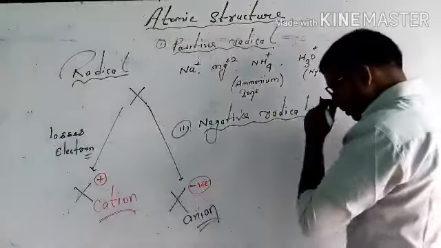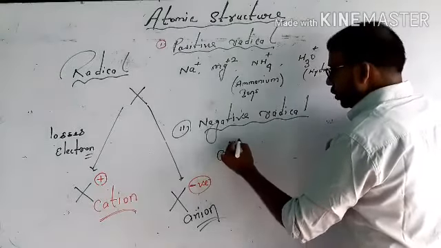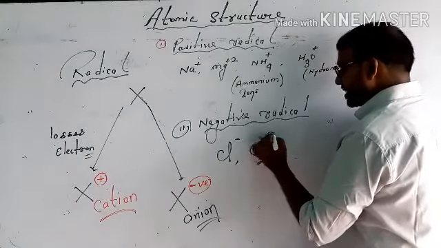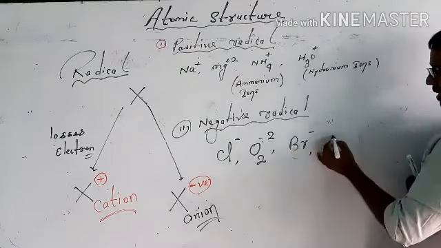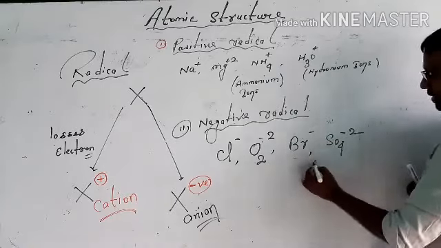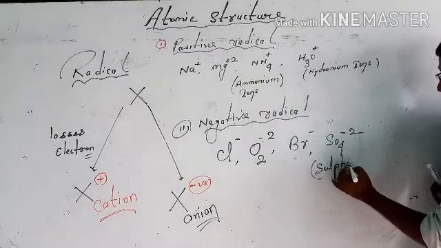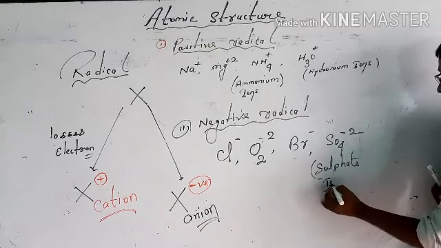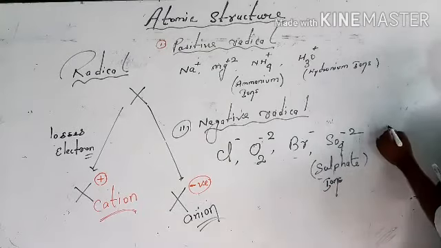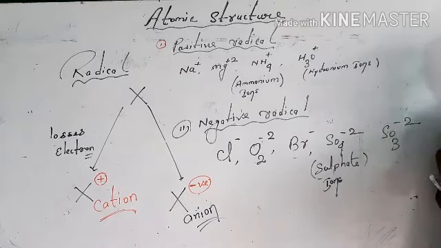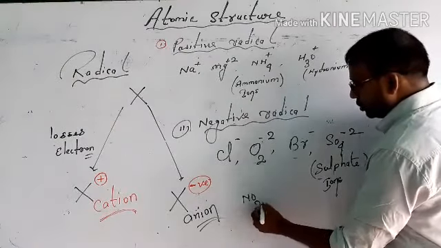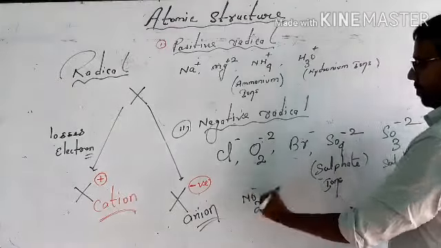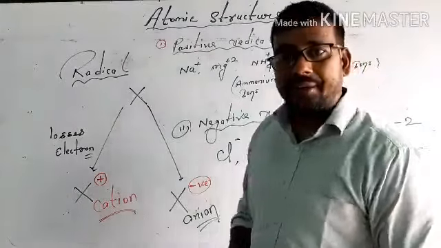Examples are chloride ion, oxide ion, bromide ion, SO4 2 minus, whose name is sulfate ion, SO3 2 minus, whose name is sulfite, and NO2 minus, nitrite ion.